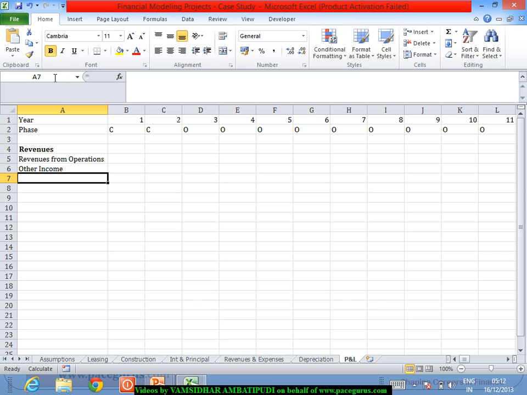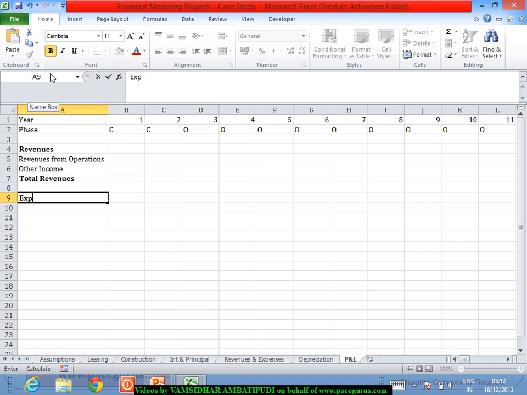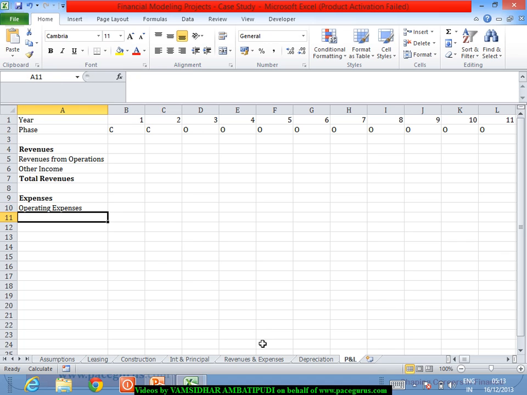And finally you are saying the total revenues. The total revenues are going to be something like that. Then we are talking about expenses. Operating expenses, which have to do with the project, the bus shelter, whatever we have prepared as a part of revenues and expenses.